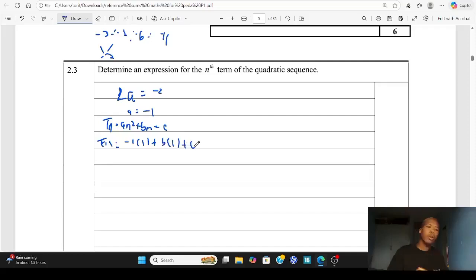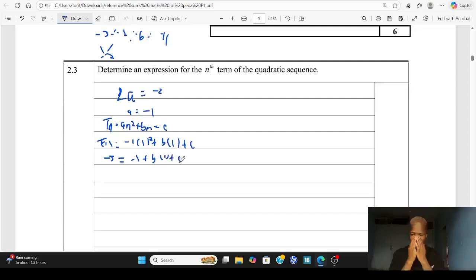We are doing all this so that we can solve for the values of b and c. We know that T1 is equal to minus 3, so minus 3 is equal to minus 1 plus b plus c.